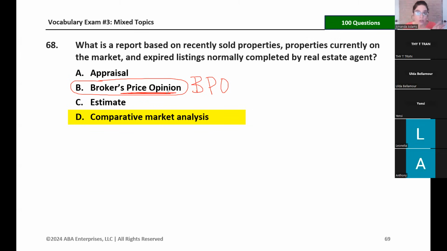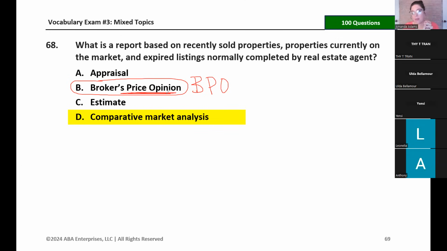It's called a broker's price opinion. You normally pay them about $250, $300. And the local broker will go there and take pictures of the property and ask about the rent and just kind of form their idea about how much they think the property is worth.